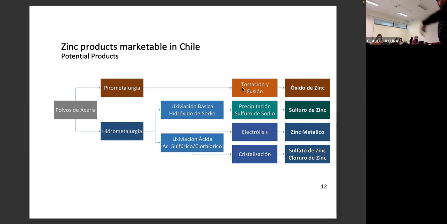So the characterization of the raw material that you have, and then the product that you can achieve. That is the slide that I'm showing there. When you have different products, we don't know yet the process. We have a gross idea of the processes: hydrometallurgy, pyrometallurgy. In both cases, we also need to liberate, but in this case, it's verified.